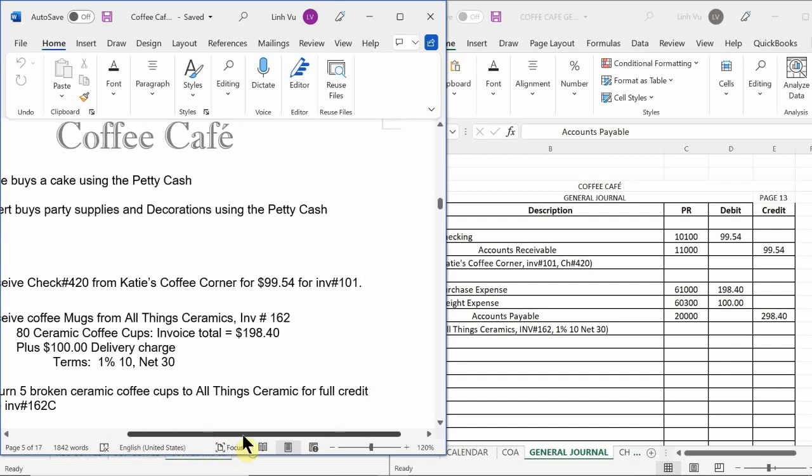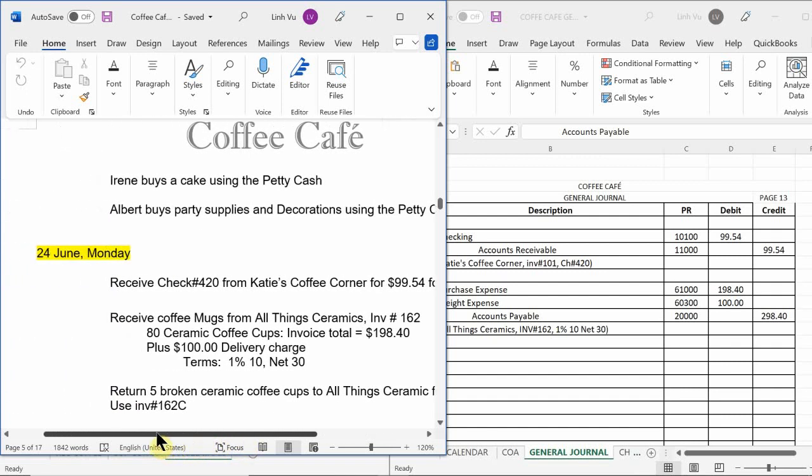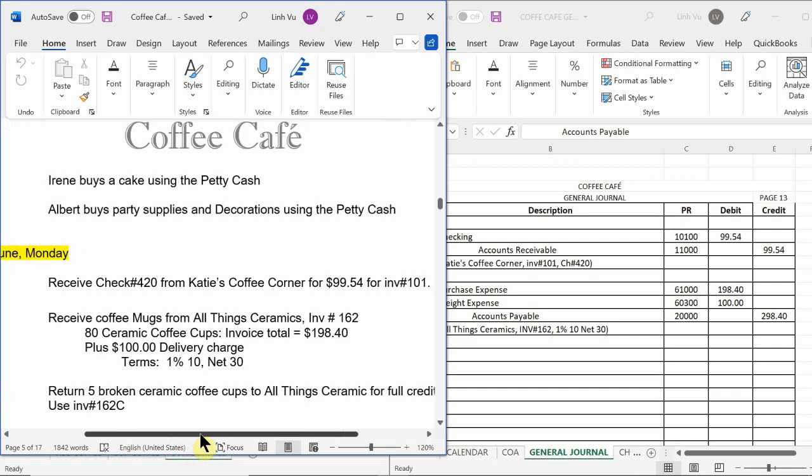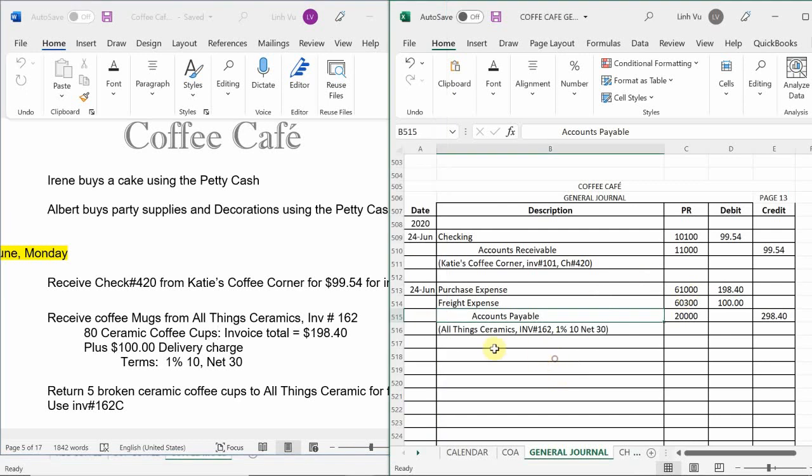Again, of course, we tell All Things Ceramics, and they give us a full refund with an invoice number of 162C. Okay. So in this case, what do I need to do here? How do I journalize this? With purchase returns and allowances and accounts payable. Good, right?